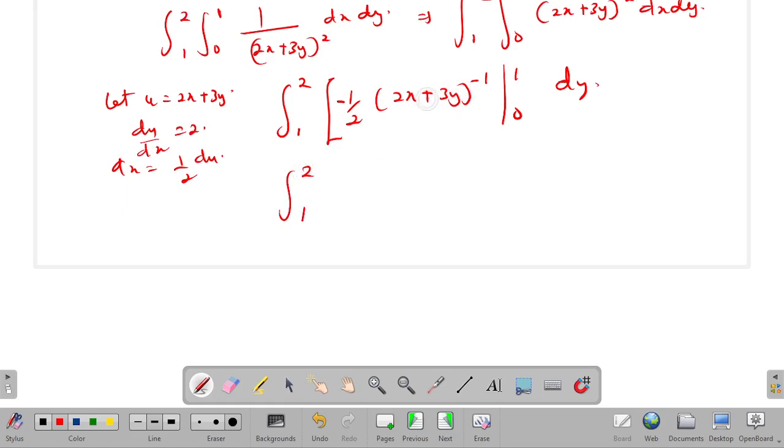For my inner integral, what do I get? When I put 1 minus the 0, I'm putting it into x, right? So what do I get when I do that? Putting 1 inside this, I'm going to get my 1 out of 2 still holds. Then I'll have this. So this expression is simply, I have negative 1 out of 2, right?